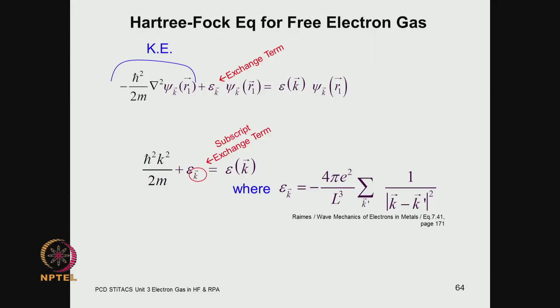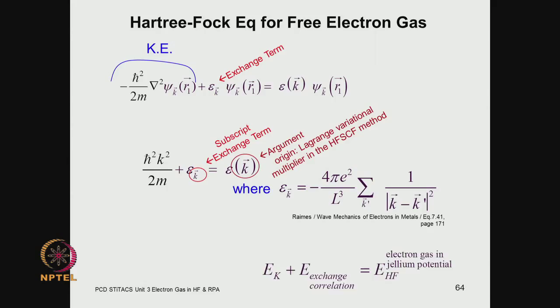Now this is the subscript k corresponding to the exchange term and the argument which comes from the Lagrange multiplier term in the Hartree-Fock formalism. So just remember that, so there is no reason to get confused by the two epsilons which appear in this. So essentially you have got the kinetic energy part plus the exchange part, which give you the Hartree-Fock energy for the electron gas and the Gellium potential.